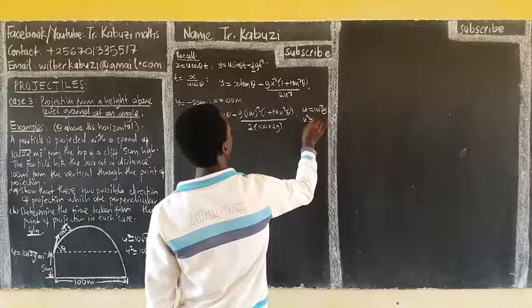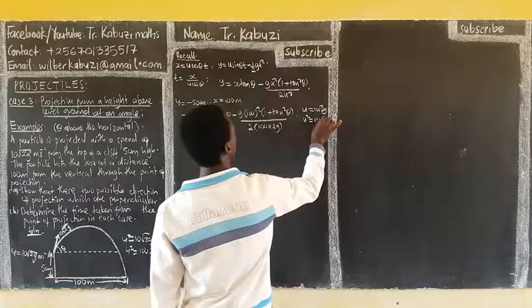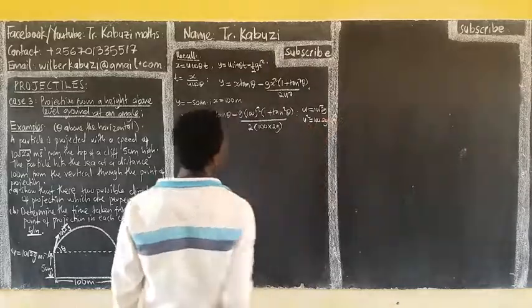When you square u, you shall get 100 times 2, which is 200. So we shall get 200 g there.